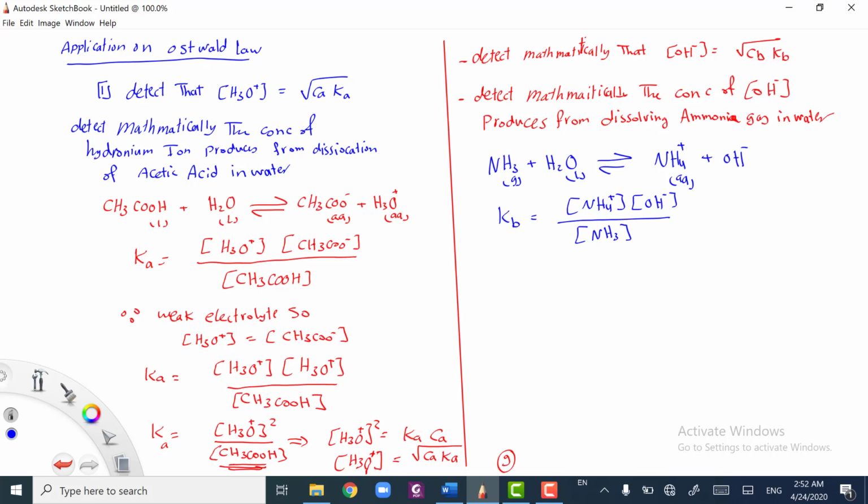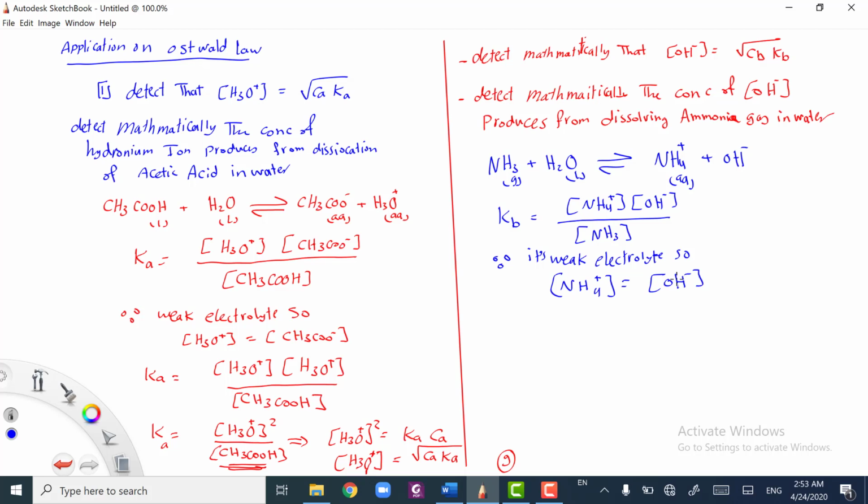Then, since it is a weak electrolyte, the concentration of the ammonium NH4 positive equals the concentration of the negative hydroxyl.